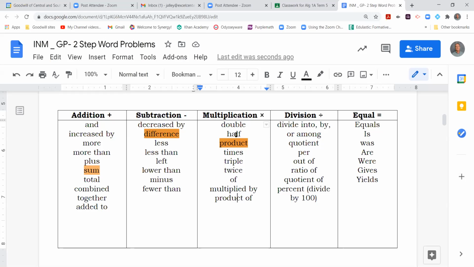Well, we can still multiply by 1/2, can't we? When we multiply by fractions, a half, a quarter, a third, it's still multiplication. You just have to remember how to do fraction multiplication. Double would mean 2 times. So times, triple, twice, all those could mean multiplication. Then division is going to be the opposite, and it has the strangest of the words for the traditional answer, which is quotient.